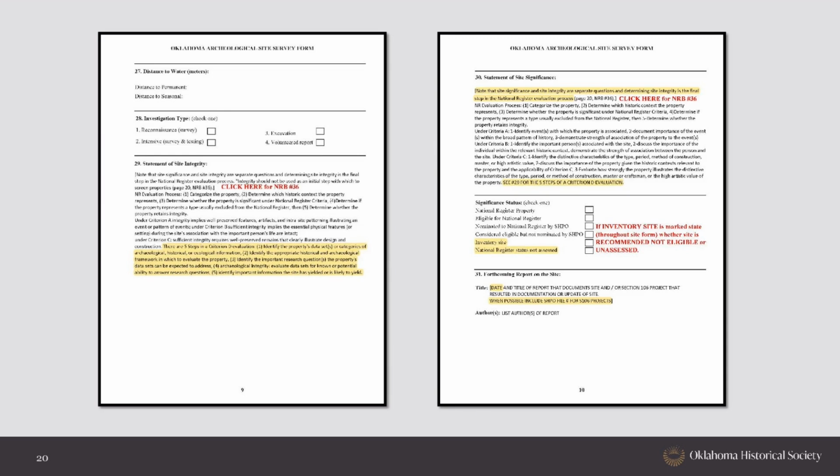Under forthcoming reports on the site, please do include information that's going to help link this archaeological site survey form to any Section 106 review, including the date, the title of the report, the agency that the report was produced for, etc. If you already know of a file number that this project is associated with, an OKSHPO file number or an OAS number, they also keep a number from their own separate database, please do include those numbers here.